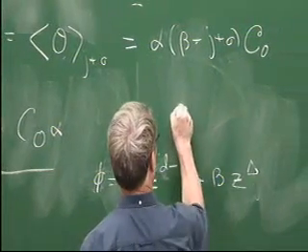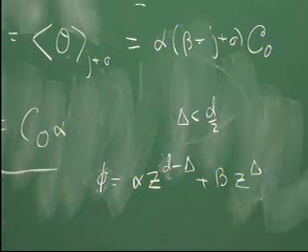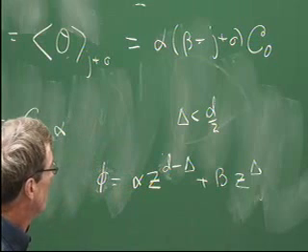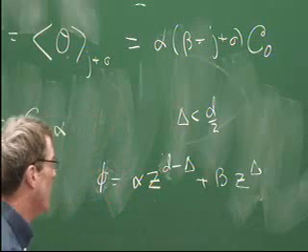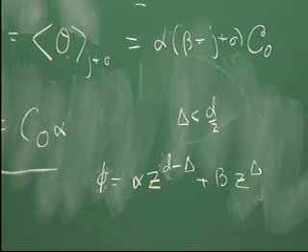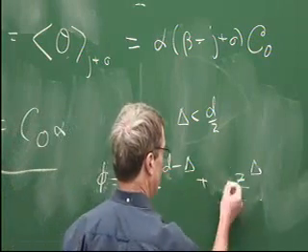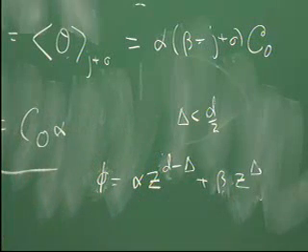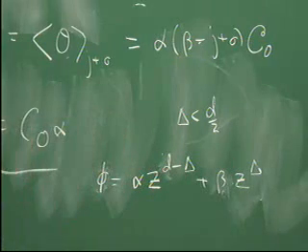We're in the regime where delta is less than d over 2, so this is the larger mode at the boundary. Sorry, wait. No, yeah, that's right. This is the larger mode at the boundary. This is the smaller mode at the boundary. But the point is that since alpha and beta are now both turned on, there's just some constant proportionality between them, so I can write one of these in terms of the other times a constant. There's just one definite linear combination of these two terms turned on.